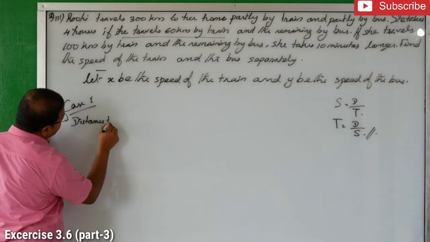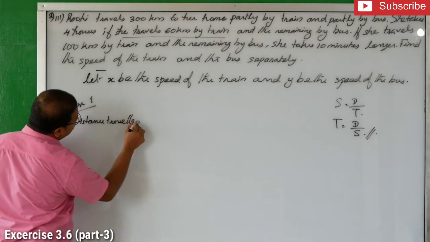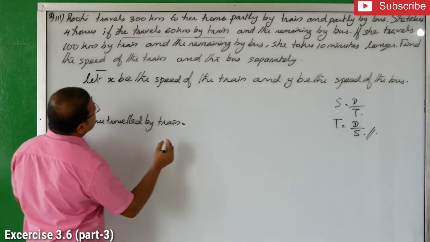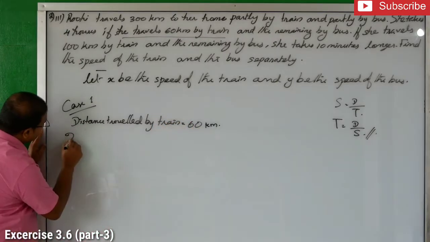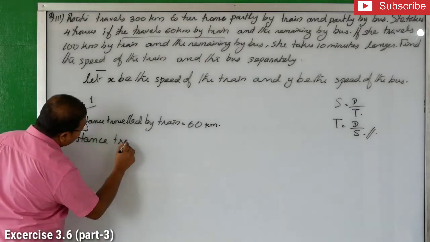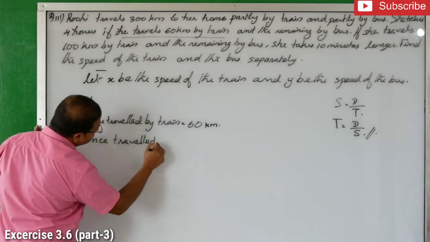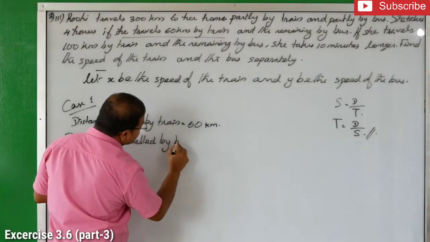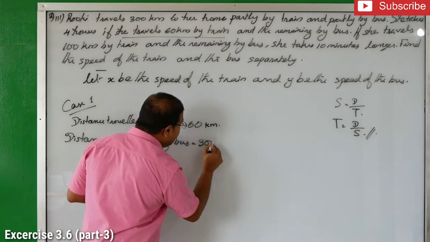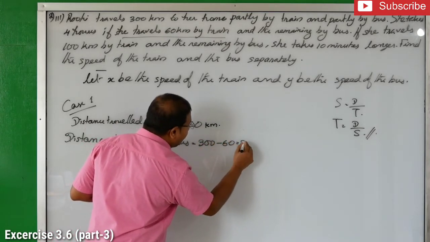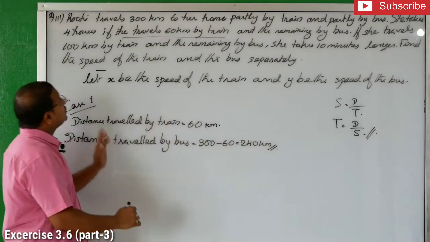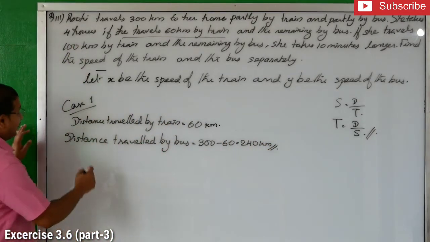Distance traveled by train equals 60 kilometers. Distance traveled by bus means the balance. Balance means total is 300 minus 60. That means what will you get? 240 kilometers.